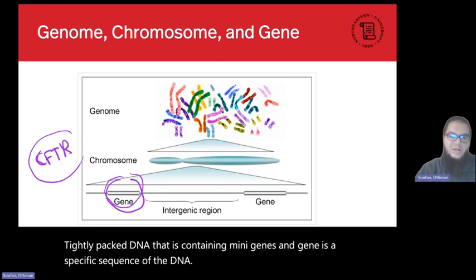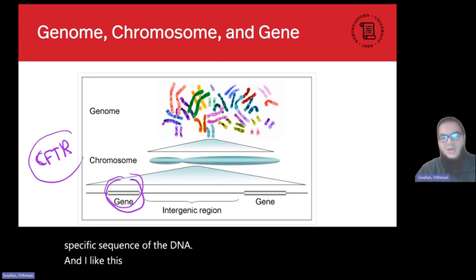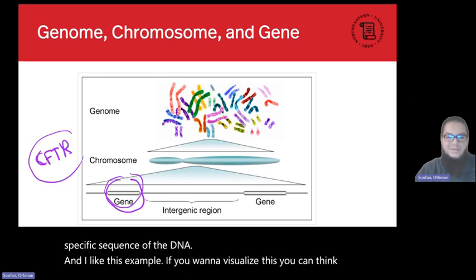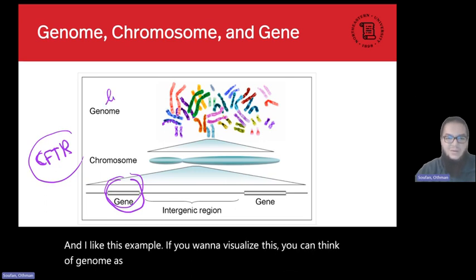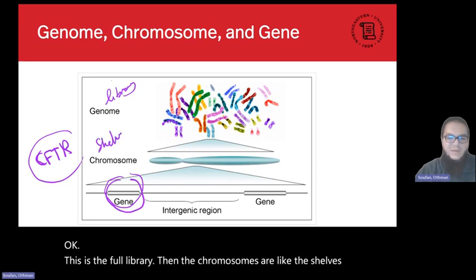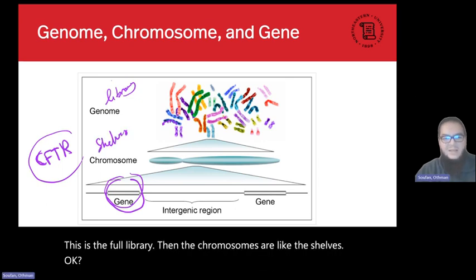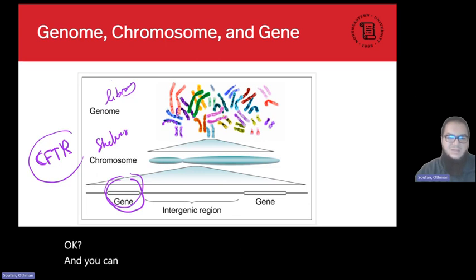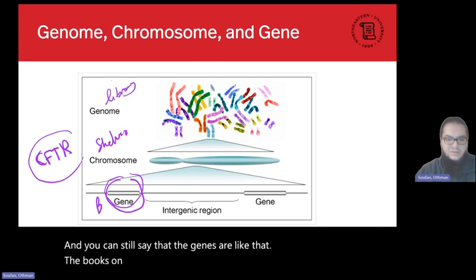And I like this example. If you want to visualize this, you can think of the genome as a library. This is the full library. Then the chromosomes are like the shelves, and you can say that the genes are like the books on these shelves.